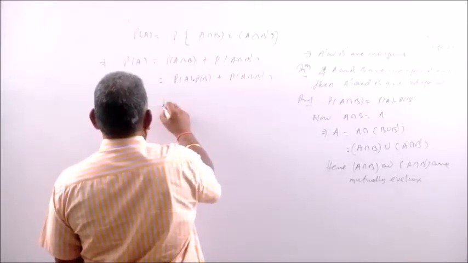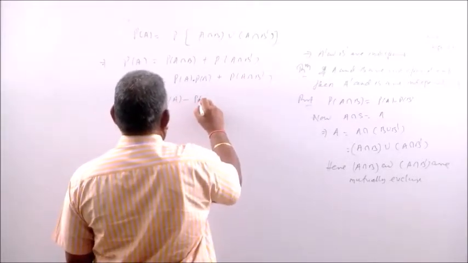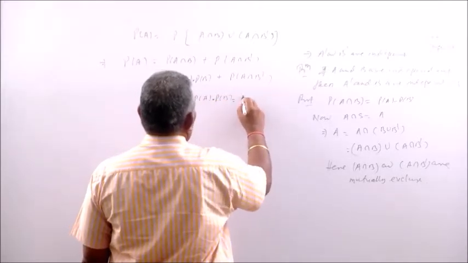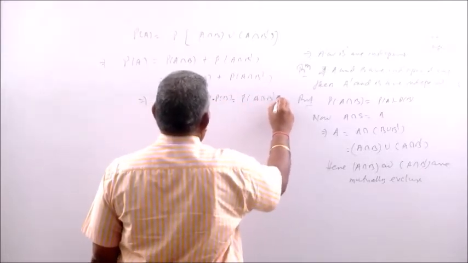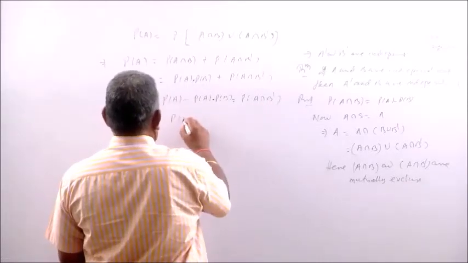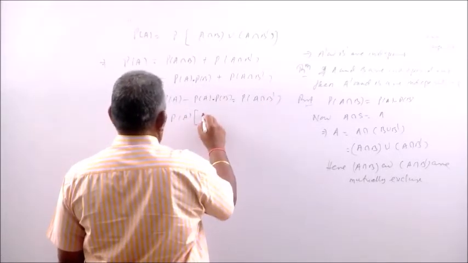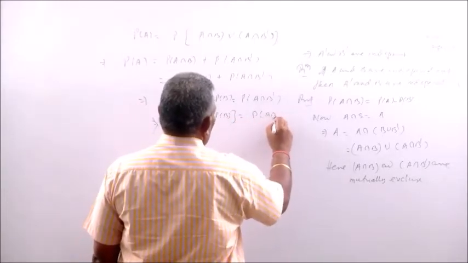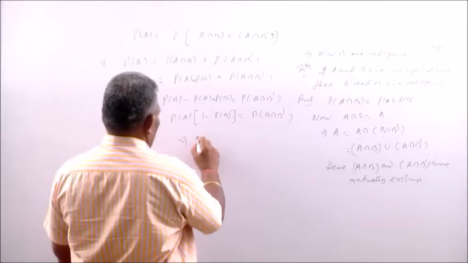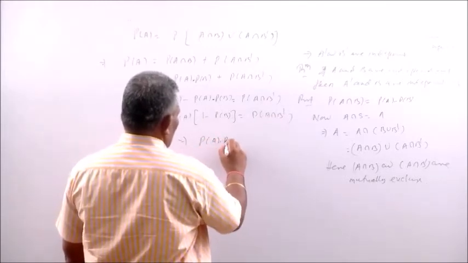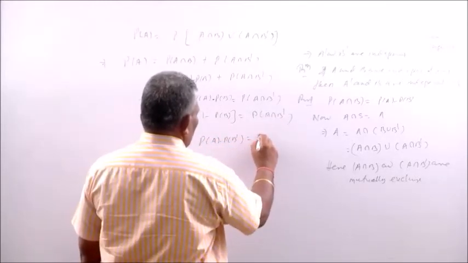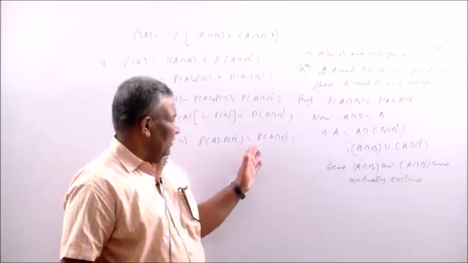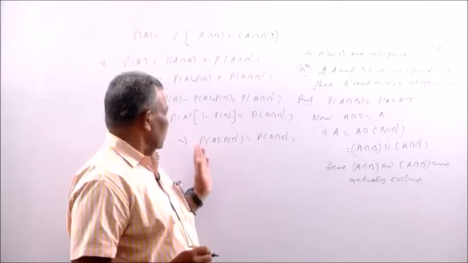That implies P(A) minus P(A) into P(B) equals P(A intersection B dash). That is P(A) taking common, 1 minus P(B) equals P(A intersection B dash). That implies P(A) into P(B dash) equals P(A intersection B dash). That means we have shown that the probability of A intersection B dash equals P(A) into P(B dash).